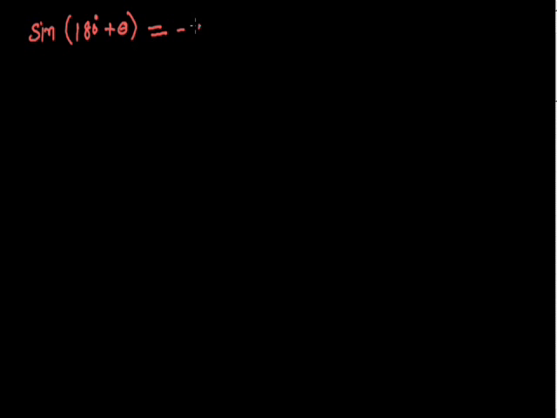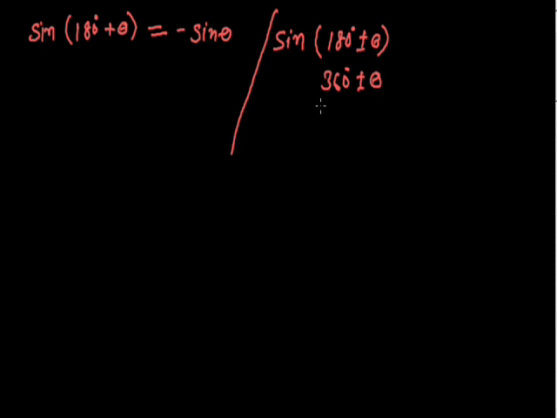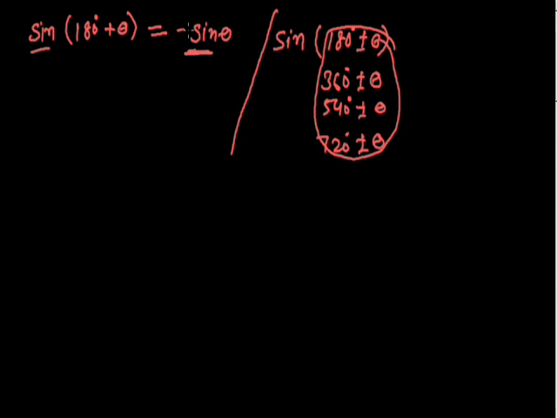We also learn that if we have a trigonometric ratio for an angle 180 plus minus theta or 360 plus minus theta, or a multiple of 180 degree, 540 plus minus theta, 720 plus minus theta, then the trigonometric ratio will not change. That means if the angle is a multiple of 180 degree, then the ratio will not change. That means if there is sine, then it will be sine only.